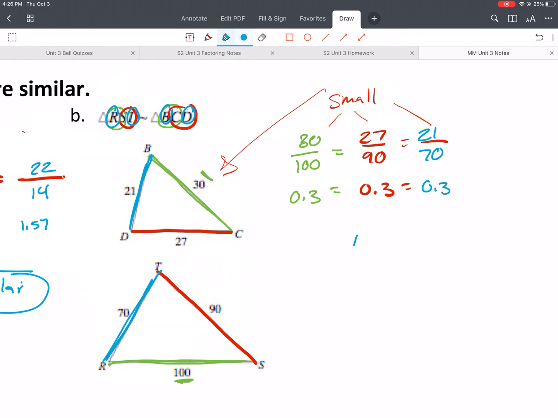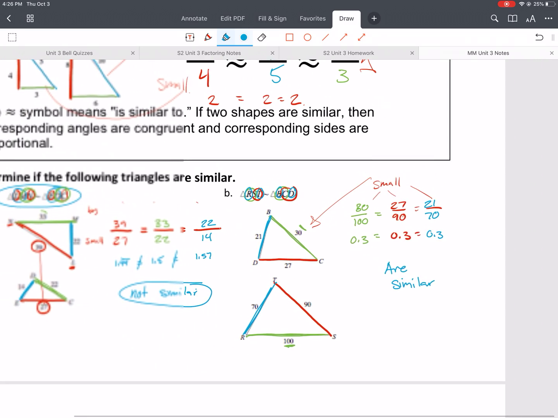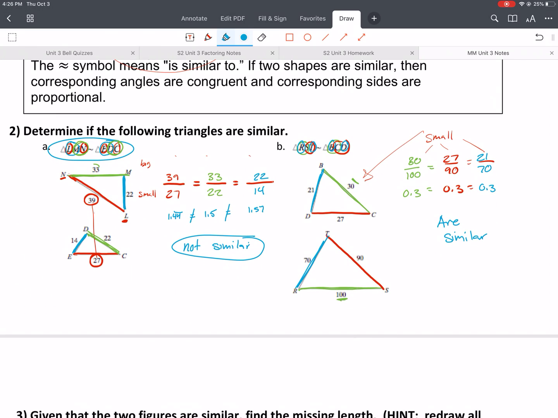So these are similar triangles. If you have any questions about that, let me know. Again, you can use the similarity statement, or you can just say, let's do the largest to the largest, the next largest to the next largest, and the smallest to the smallest.